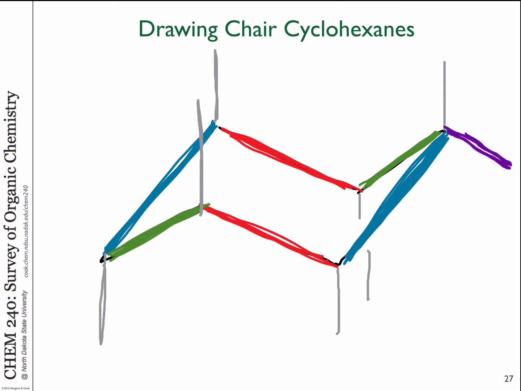How about the bond on the next carbon down closest to us? Which direction should I draw it? Well, it comes out like this, sort of coming out towards you in a three-dimensional picture. If I keep going around the ring, this one comes out here. If I go further, this one goes like that. This one in the back goes like that. And then this one here goes like that.